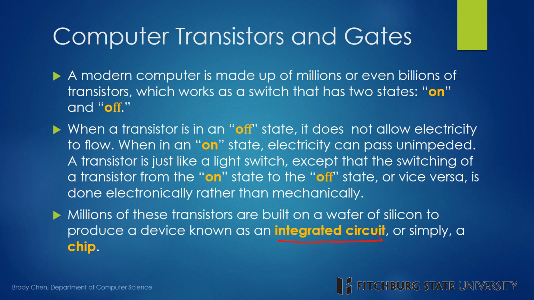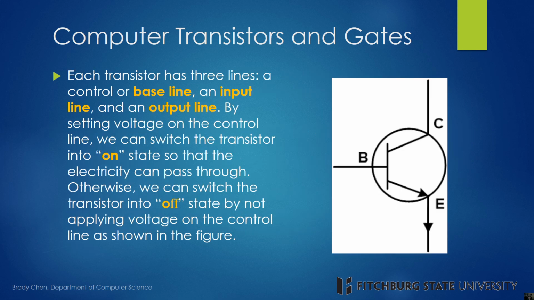These transistors are logically put together to create a bigger component, and all these bigger components are put together to create even bigger electronic components, and they can do logical operations. The diagram on the right illustrates what a transistor looks like.